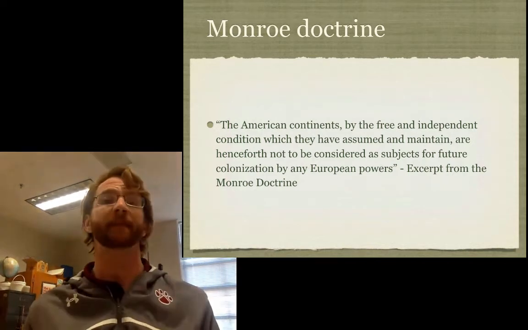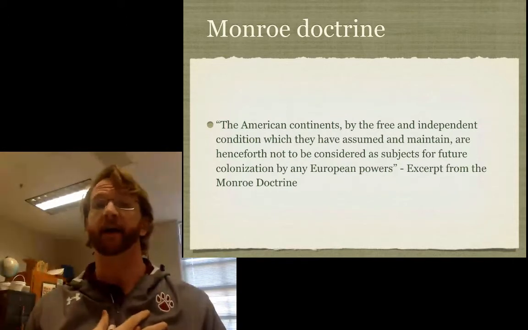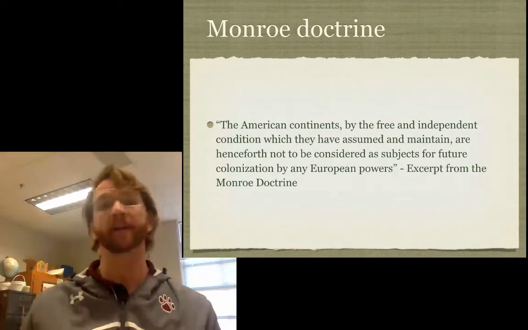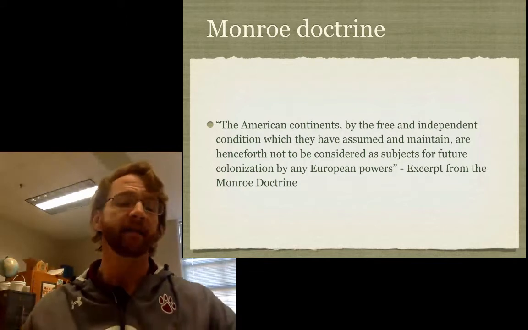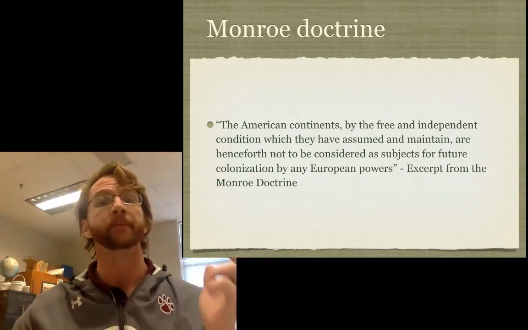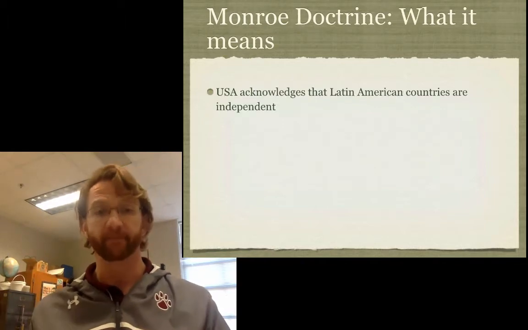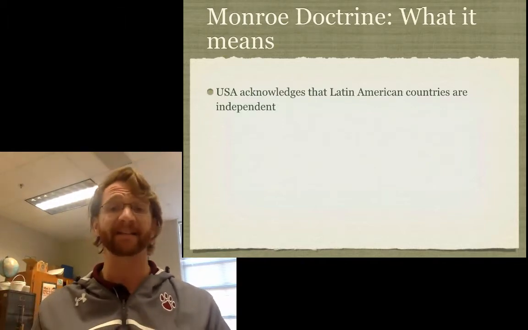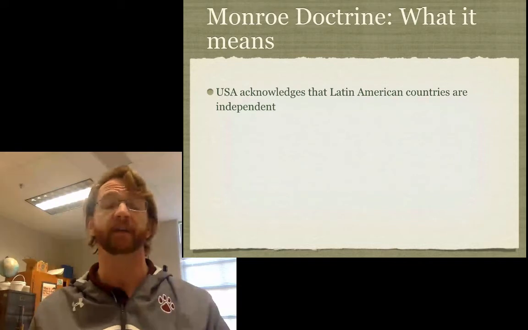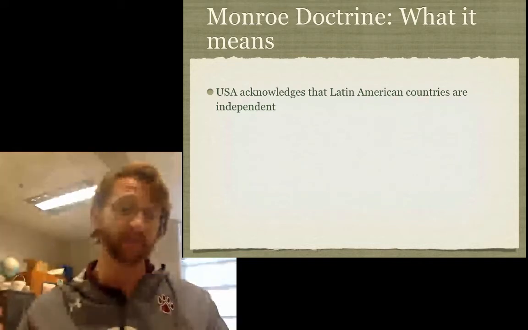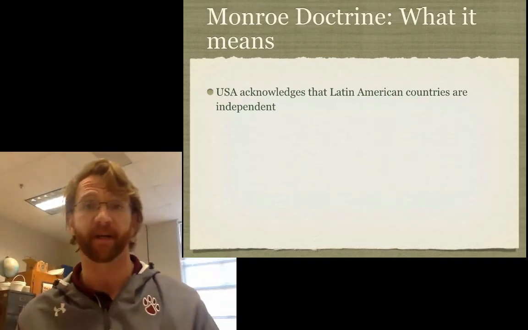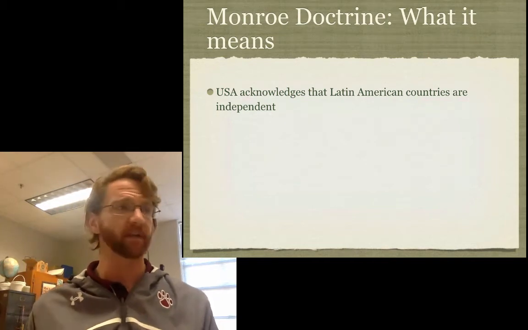Now, the United States is basically saying, hey, we're the big brother here. We're going to be the protector of the Western Hemisphere. And we're going to be the guys that really come and help out our Latin American neighbors. So here's what it means. One, the United States acknowledges that Latin American countries are independent. That's really important because once a country declares itself independent, that's all well and good.